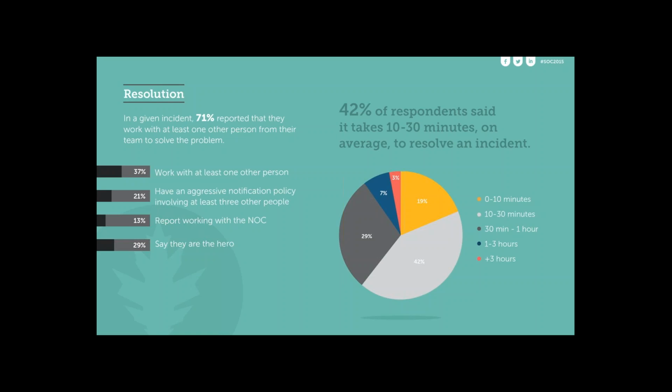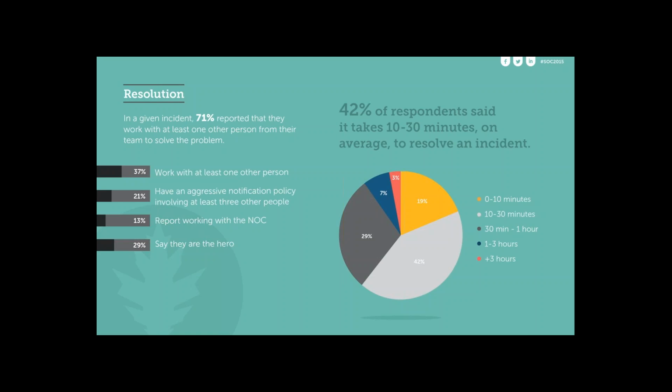And when you look at how long it takes to resolve issues, 42% of folks said it takes between 10 and 30 minutes on average to solve an issue. But an interesting stat here is that 10% of incidents take over an hour, or 3 or more hours, to resolve. That speaks to efficiencies that can be gained when you work together as a team and collaborate to resolve issues.